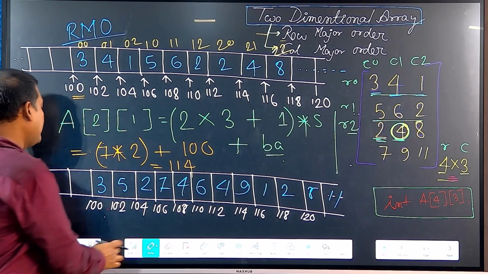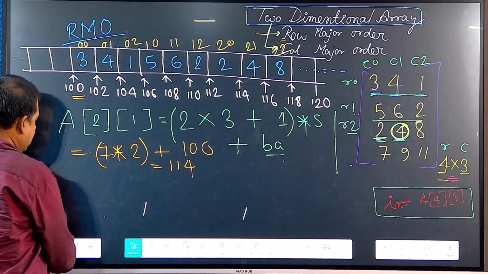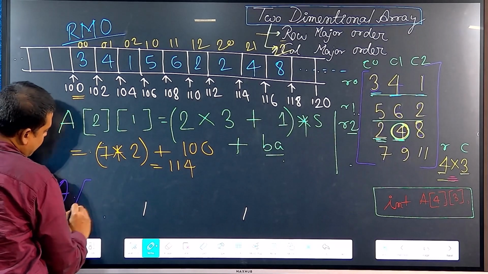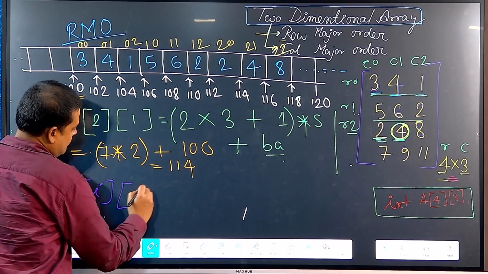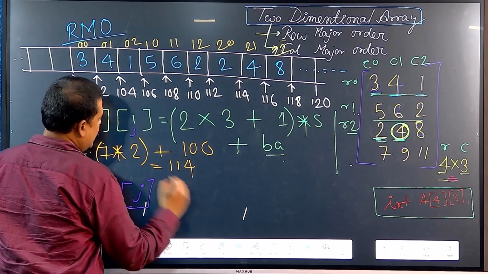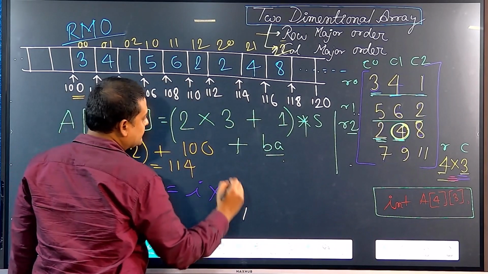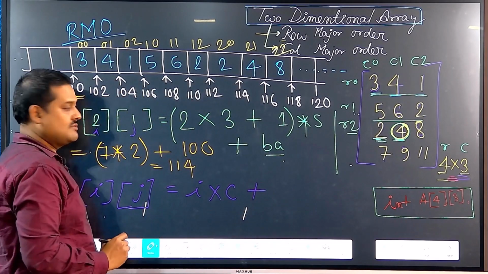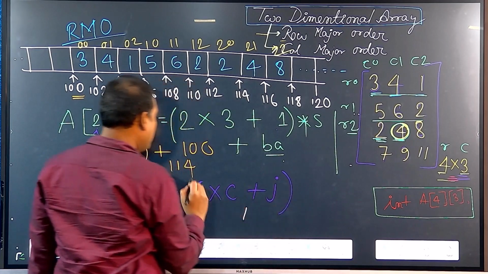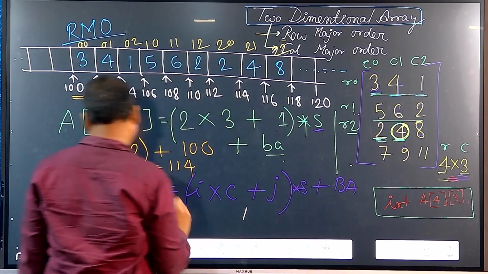If we try to draw the formula from this, for A of I and J, this will be I into the number of columns, C, plus J, that is 1, this total value multiplied by the size of each element plus the base address.